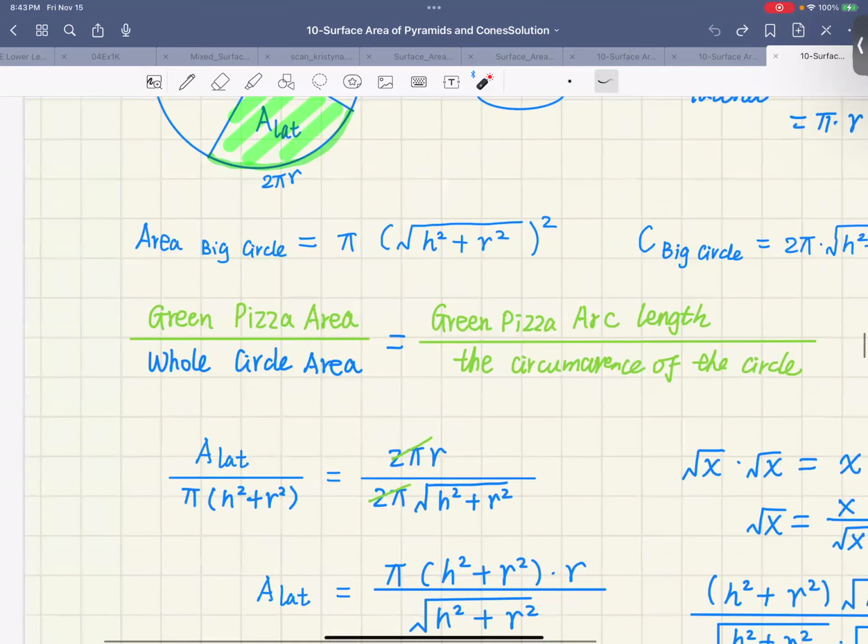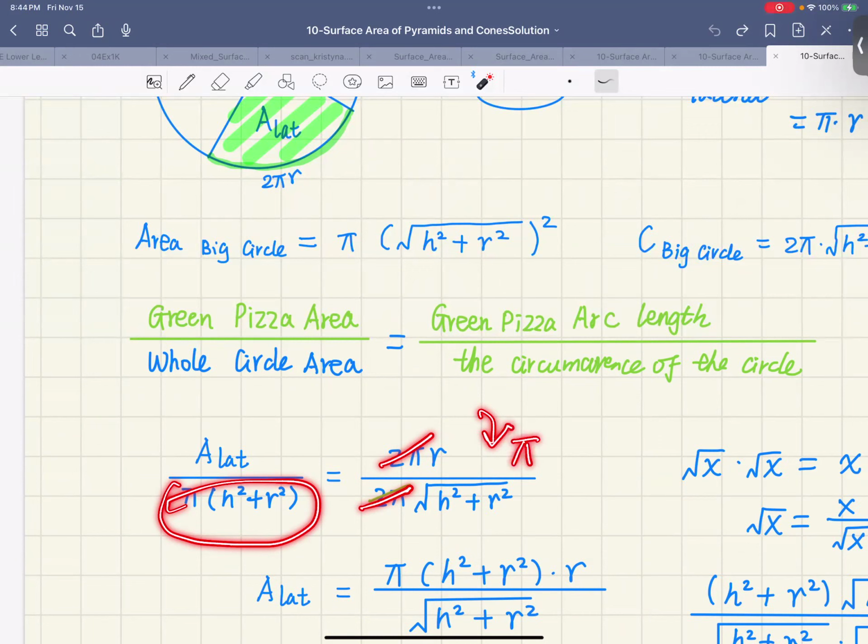Look. Vanisha, open your microphone. 2 pi cancel, right? 2 pi canceled. So you times this on the right. Do you agree? Yeah. So you times that by pi times h squared plus r squared. And then this thing canceled.